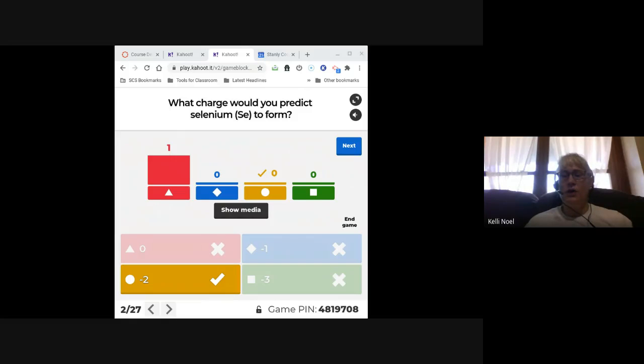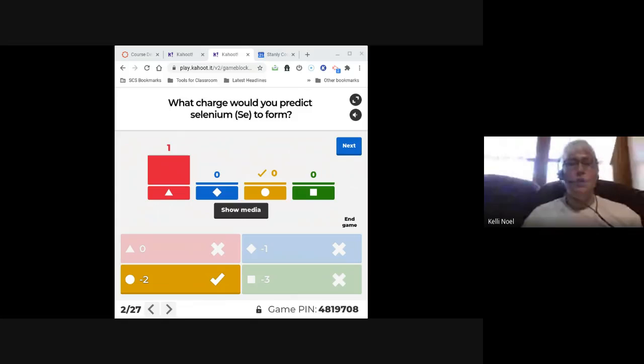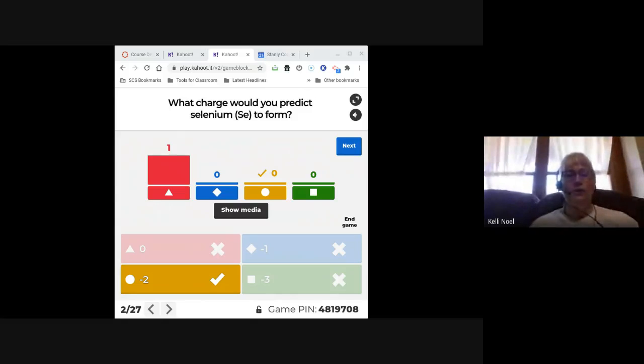On questions like this, you have to use your periodic table. So either have the link I put in Canvas open in another tab, or if you have the ability to print, you can have a printed copy with you when you take a quiz.